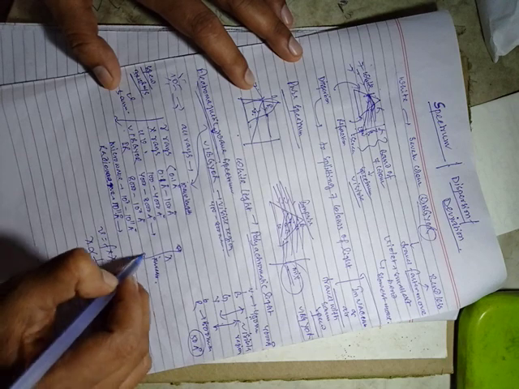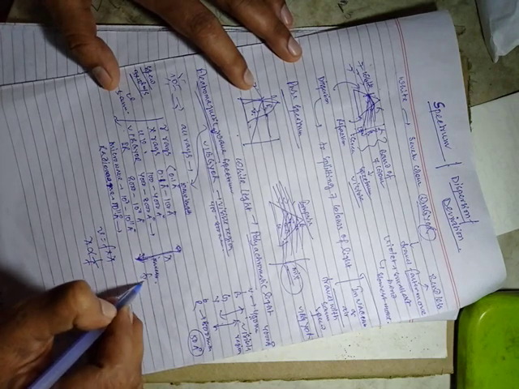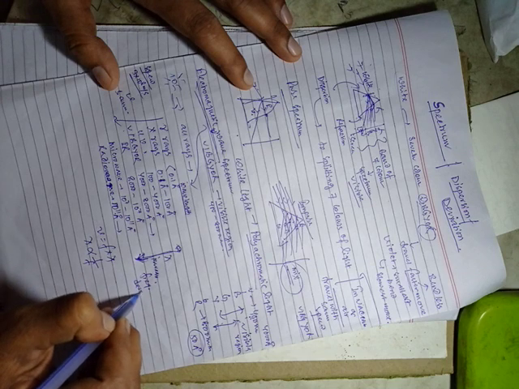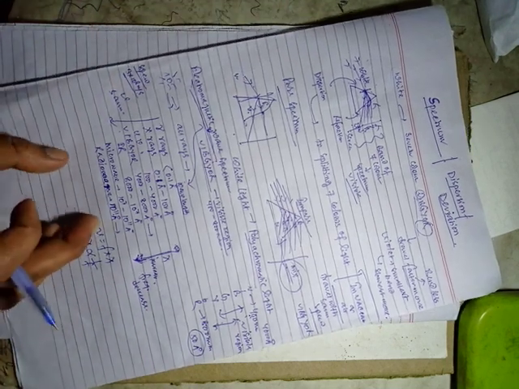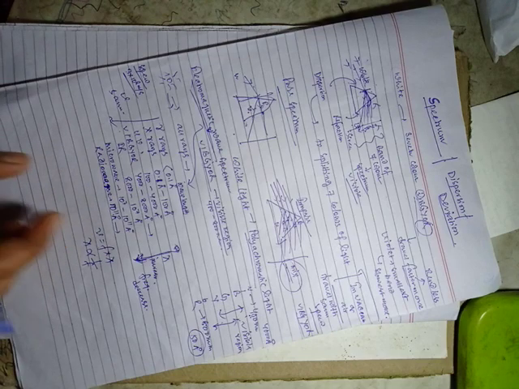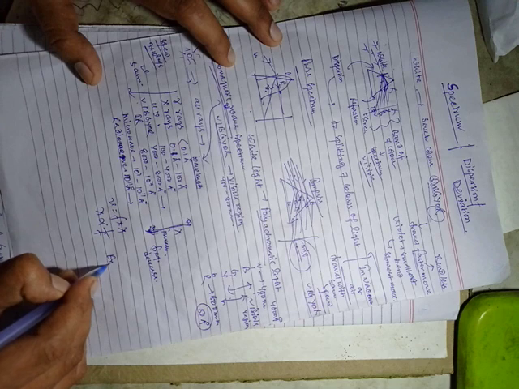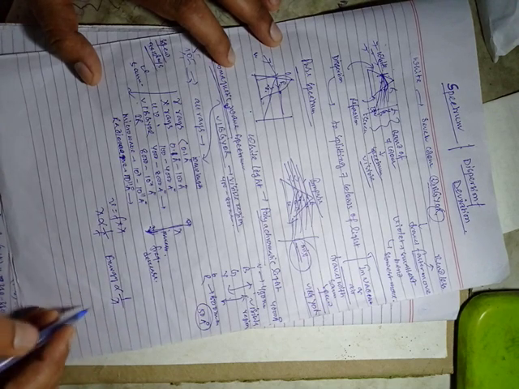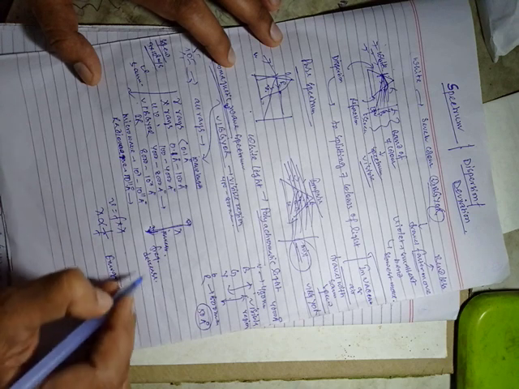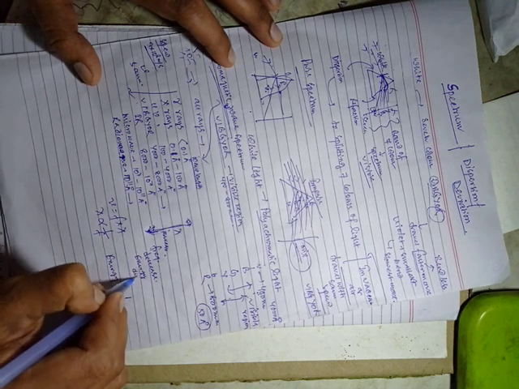It means if lambda increases, frequency decreases. So radio wave has lower frequency. Now students, one thing to remember: energy is proportional to 1 by lambda. So lambda increasing means energy decreasing. So frequency decreases, and similarly energy also decreases.